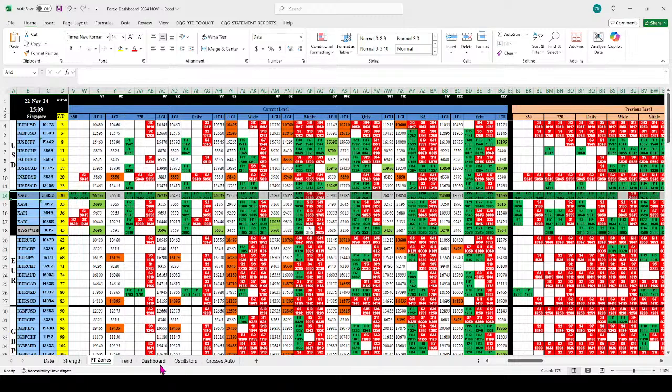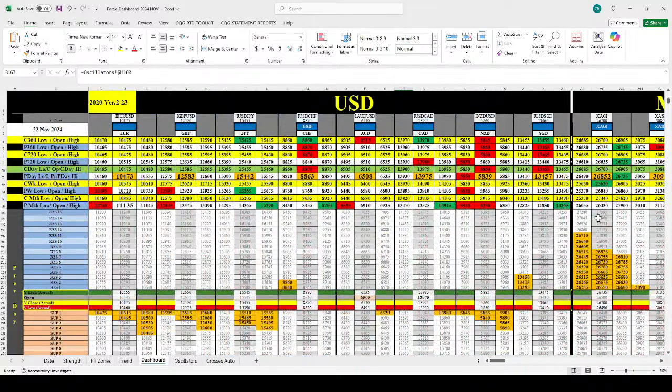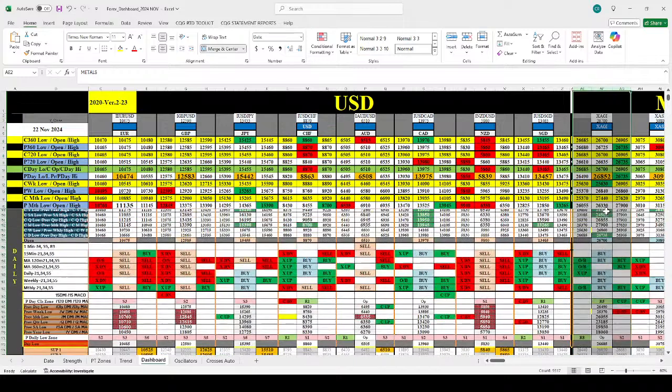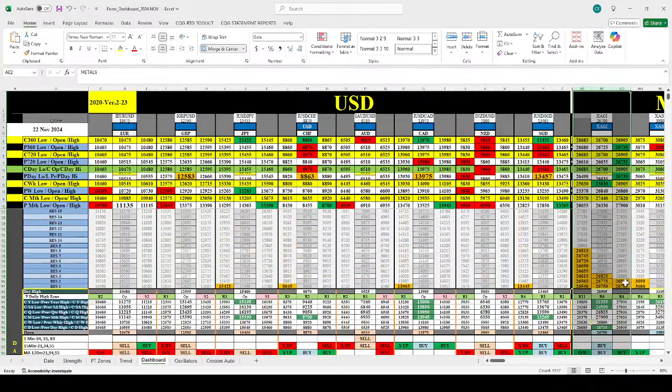Let's see that level, so at least we can have some idea where the next resistance is. Remember, I told you daily RR5. Daily RR5 is 2693, and we have a resistance at 2690. We have a strong resistance, and that is where this market hit a high of 90 half.